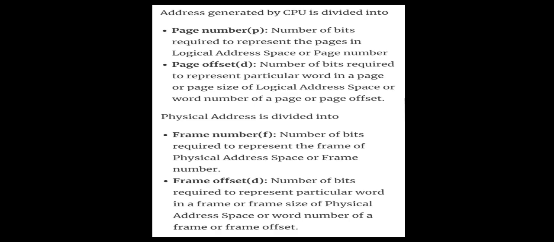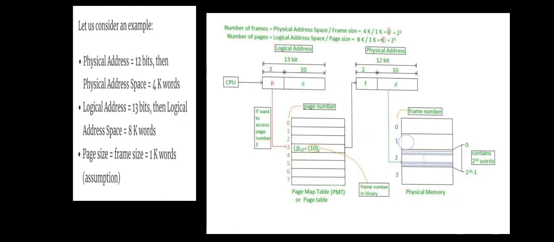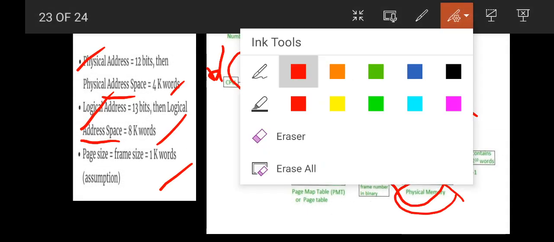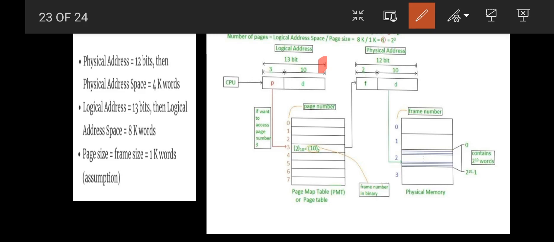But usually the page offset or frame offset bits number is always 10. Since the physical address of 12 bits and the 13 bits logical address were given, it's up to you to divide them.